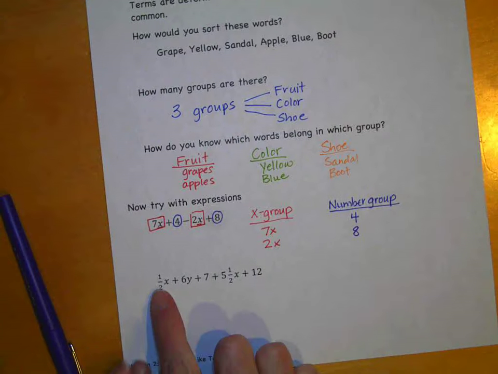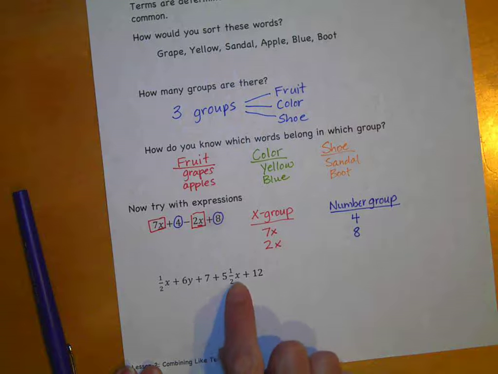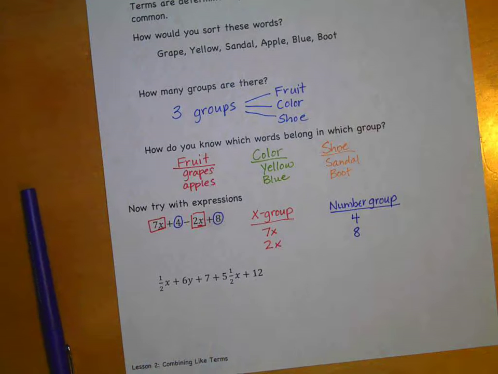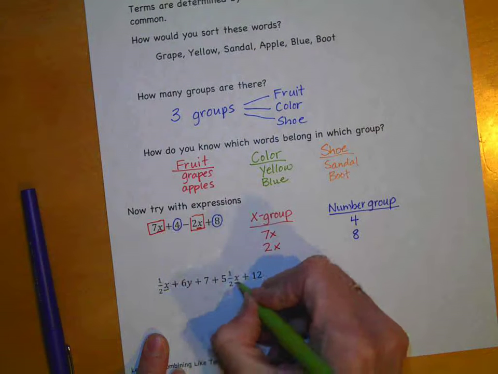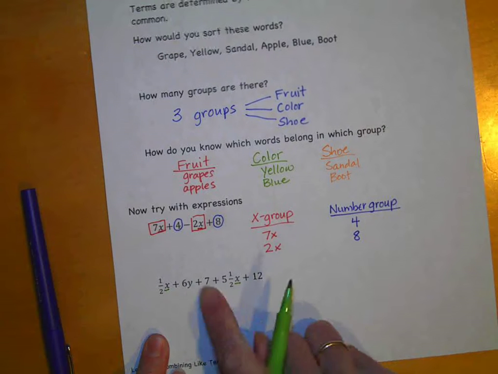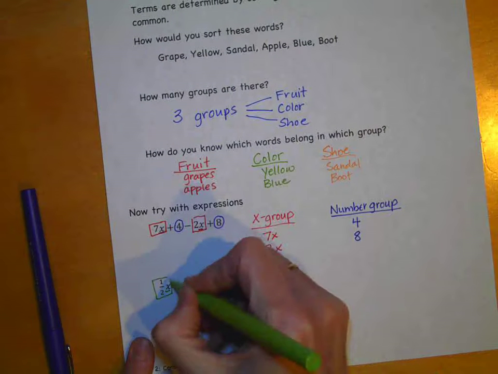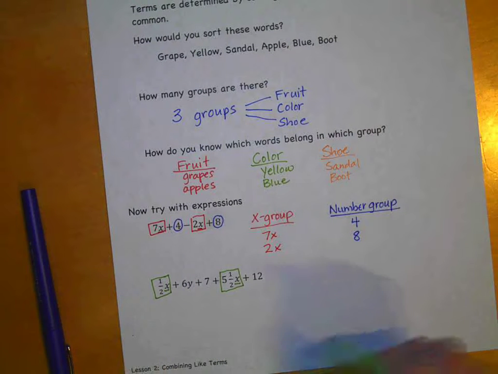I'm seeing 1/2 x plus 6y plus 7 plus 5.5 x plus 12. This time, this one has an x and this one has an x. That one does not have an x, that one does not, that one does not. So that's going to be the x group, so I put boxes around it.